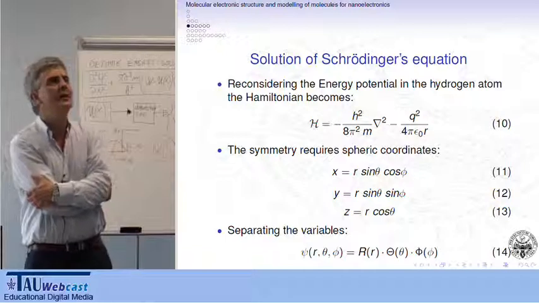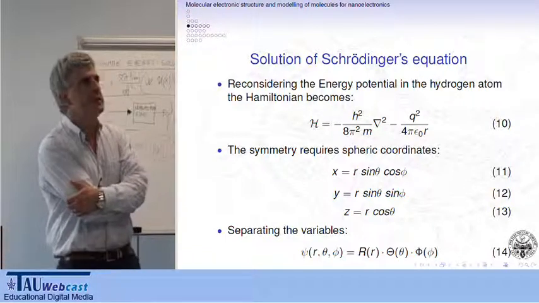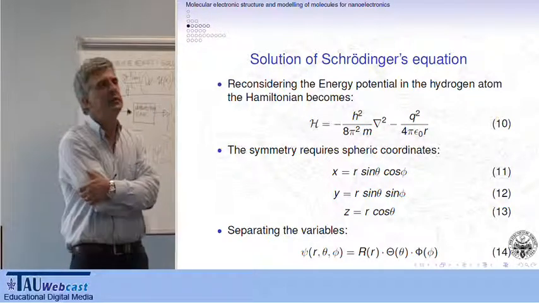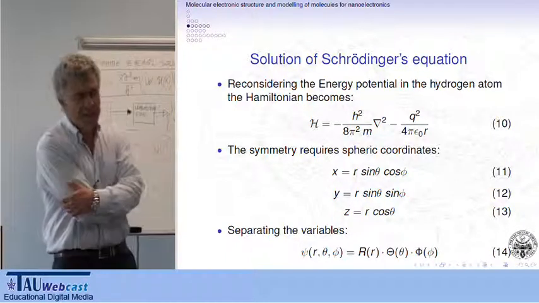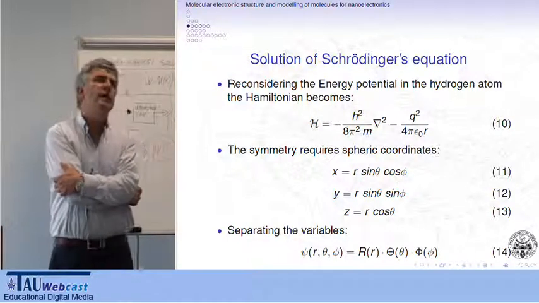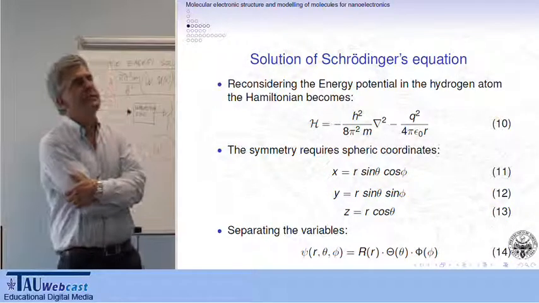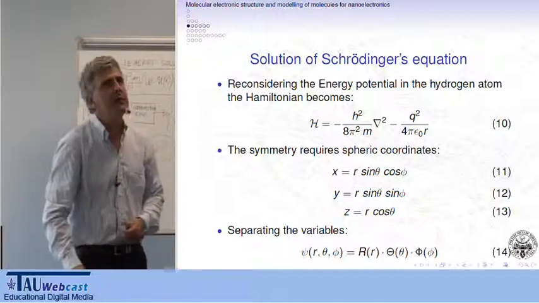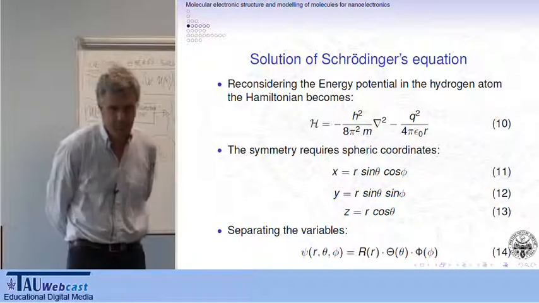So the solution generally is done by using spherical coordinates. So in spherical coordinates we have three variables that are radius, r, and the two angles, theta and phi. So we can obviously rewrite the equation by substituting these coordinates. The solution from the mathematical point of view, as I said, is not so easy.